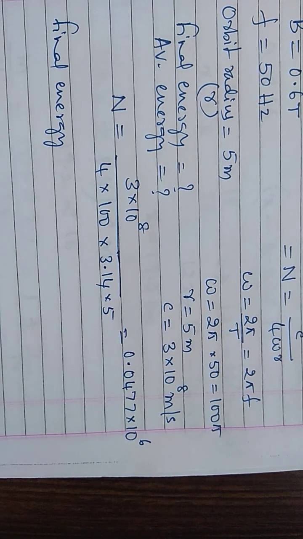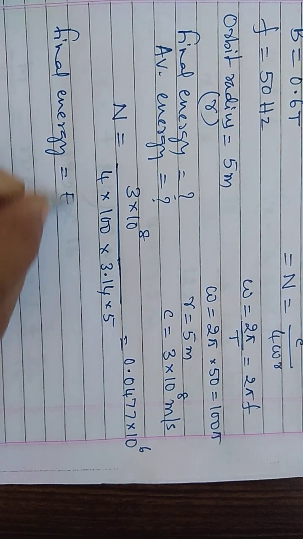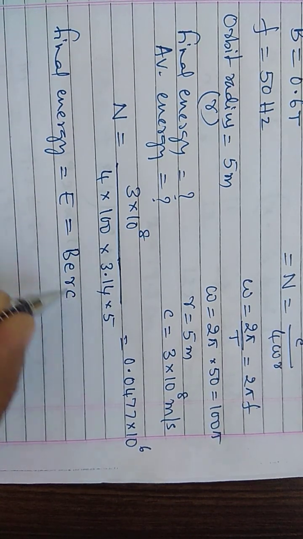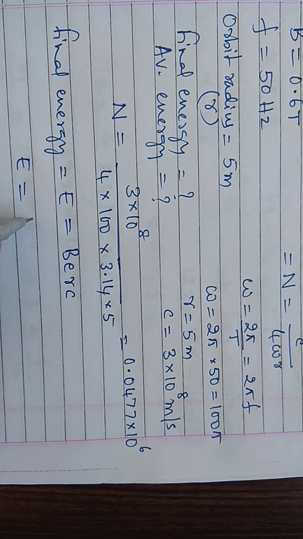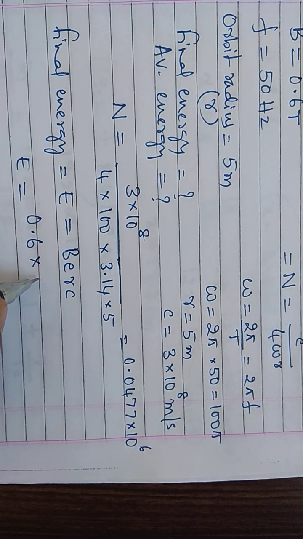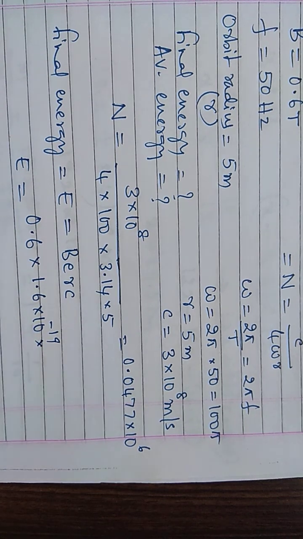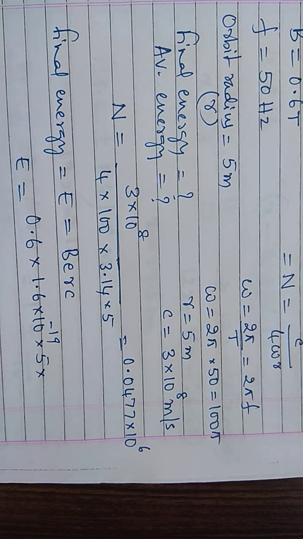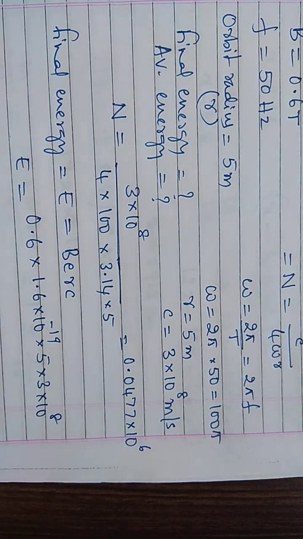Final energy is how much? Final energy is equal to E is equal to BERC. Substitute here, get the answer. B value, magnetic flux 0.6, electron charge 1.6 10 to the power minus 19, radius is equal to 5, C value 3 into 10 to the power 8.